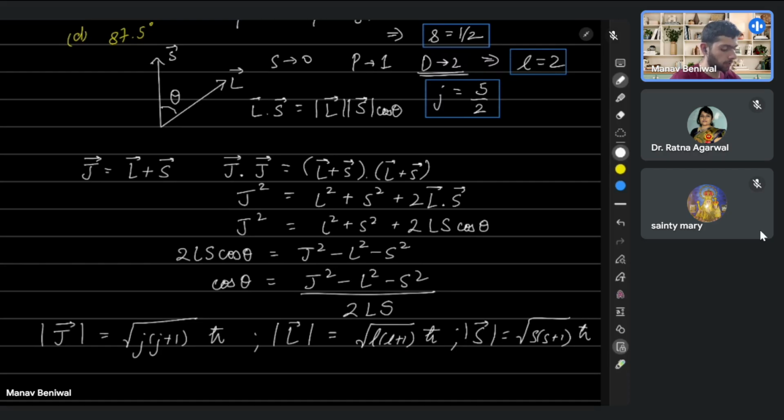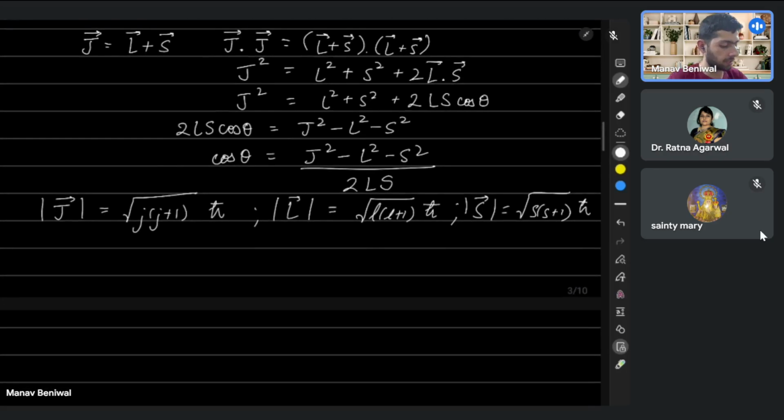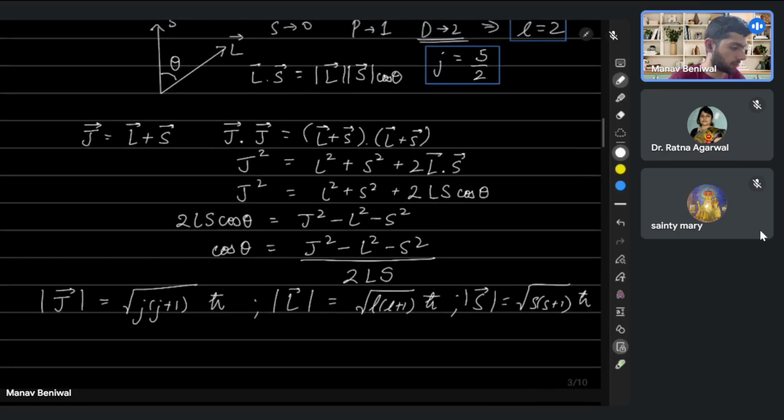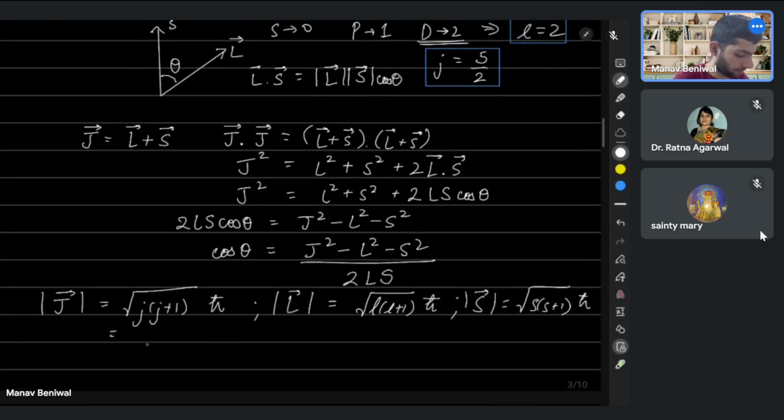So if we plug in the values, what will we get? Our J was 5 by 2, so it will be under root 5 times 7 over 4, that is, 35 over 4, times h cut.